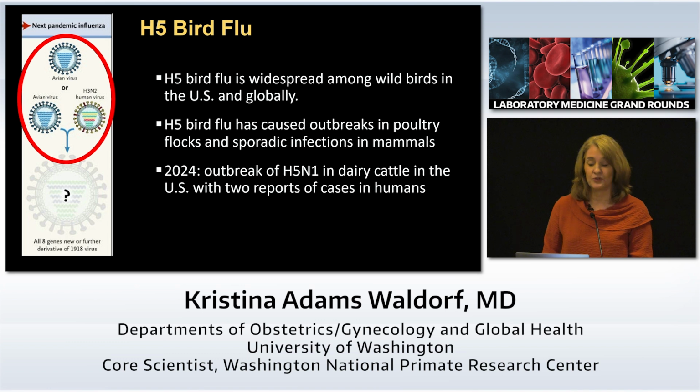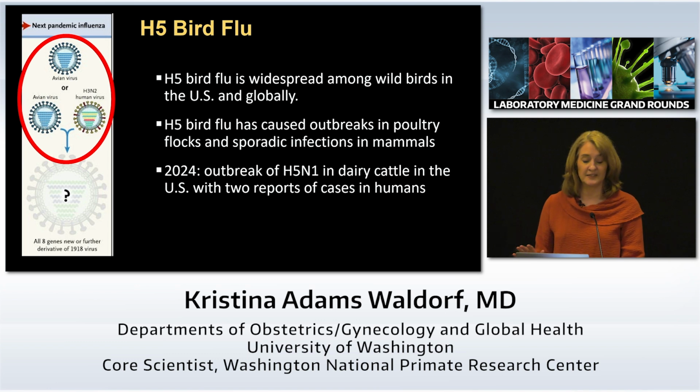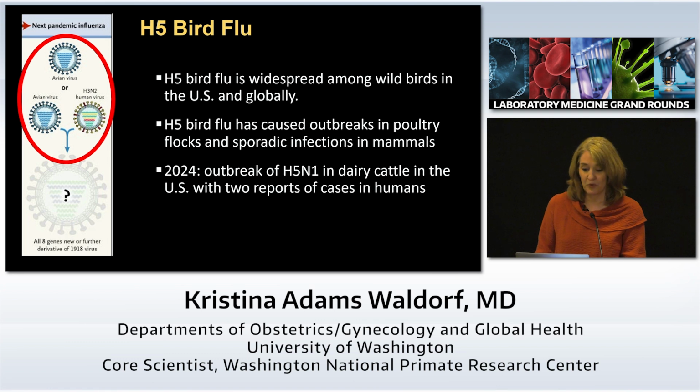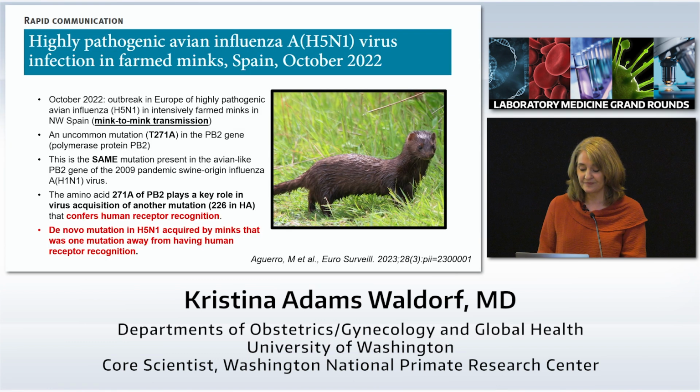H5 bird flu is really widespread in wild birds in the US and globally. It's caused outbreaks in poultry, sporadic infections in mammals, and right now there's a big outbreak of H5N1 in dairy cattle in the US. And recently 2 reports of cases in humans.